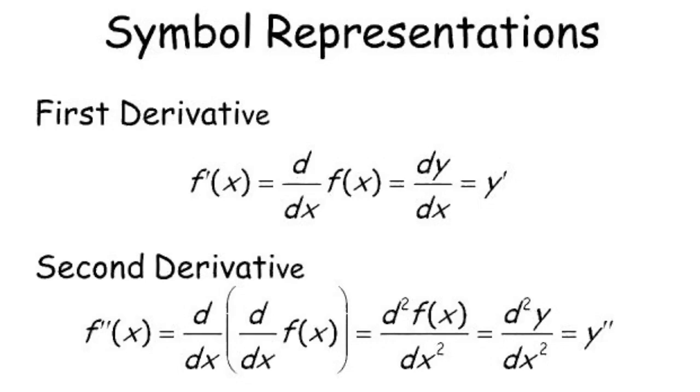So when we multiply it, we get dx square. That is why we have d square of f of x upon dx square, or d square y upon dx square, or y double dash.